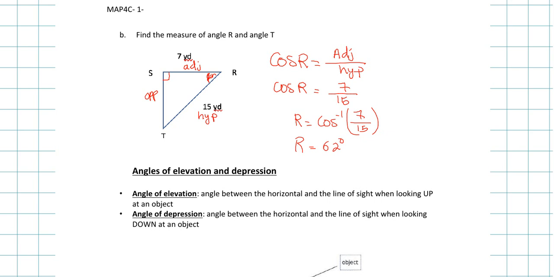So you're going to do 180 minus 90 minus 62 to find angle T. Because remember, we said earlier that the sum of all three angles is 180 degrees. So I know two. To find the third, it's easy. What would your answer be?